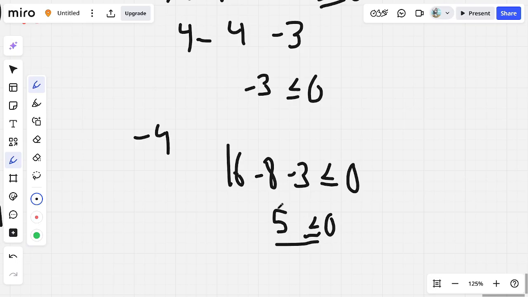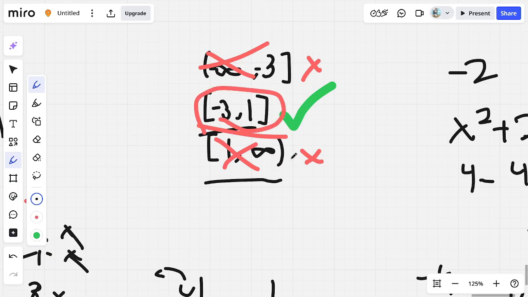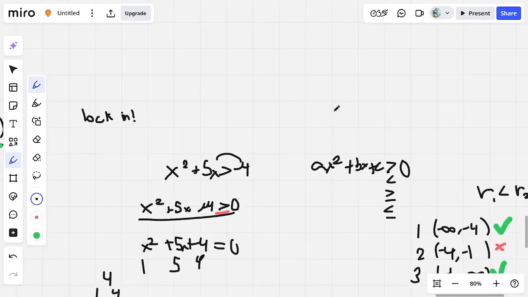So it's not. So we can say that this is not, and the solution set is this one. That's basically how you solve quadratic inequalities.